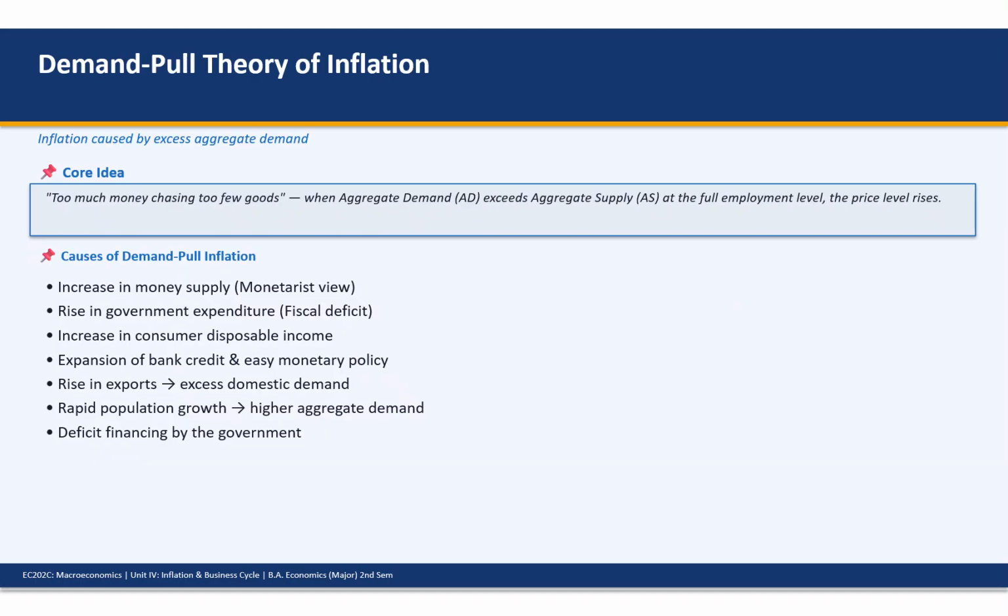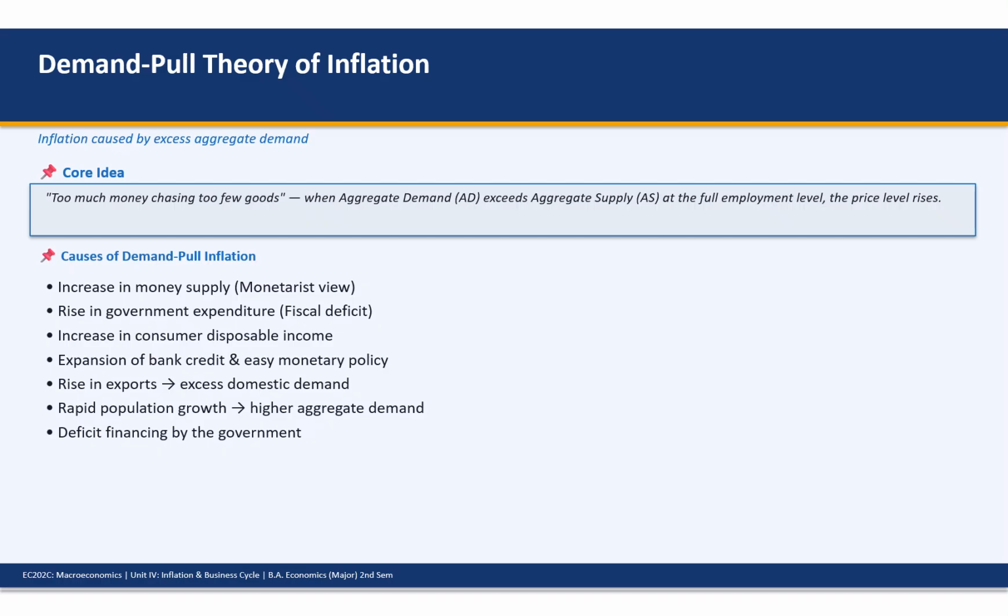Now we come to the demand pull theory of inflation. This theory explains inflation as a result of excess aggregate demand. In simple words, when there is too much money chasing too few goods, price begins to rise.